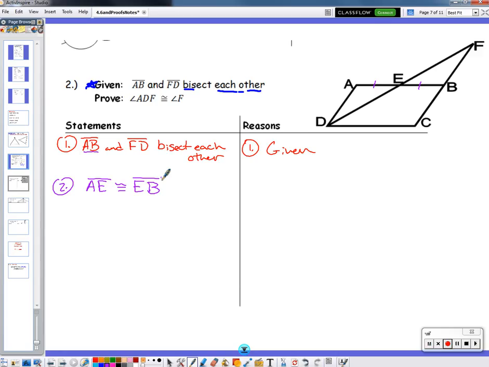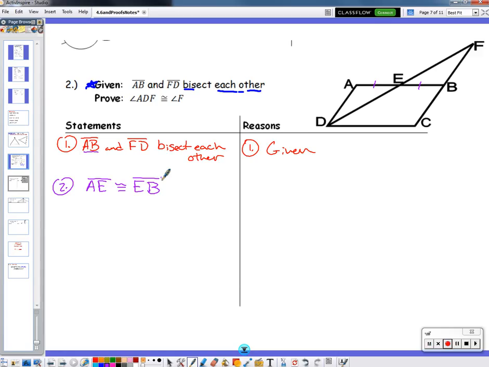Well, not really definition of midpoint, but you're on the right track, Haley. Okay? So help me out here. If these two segments bisect each other, if I'm going to look at my proof packet, I'm proving two segments are congruent. So everybody right now, go ahead and pull out your toolbox.